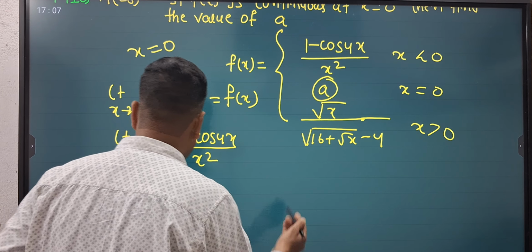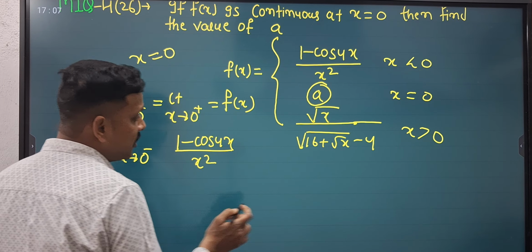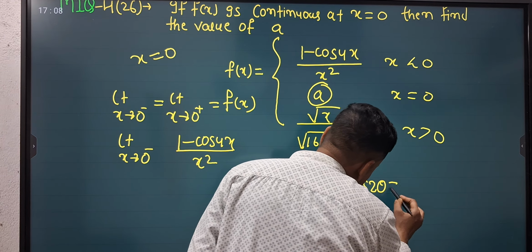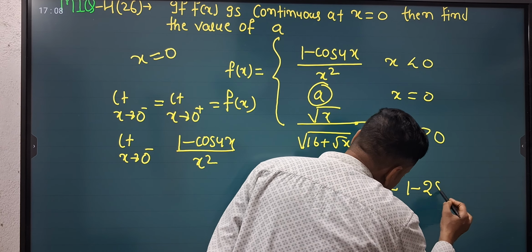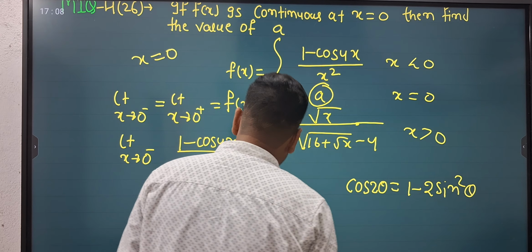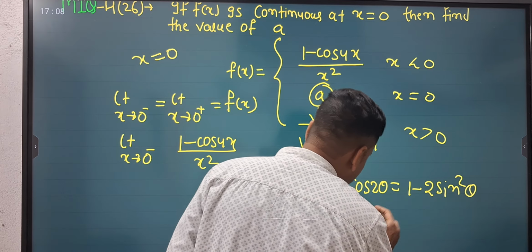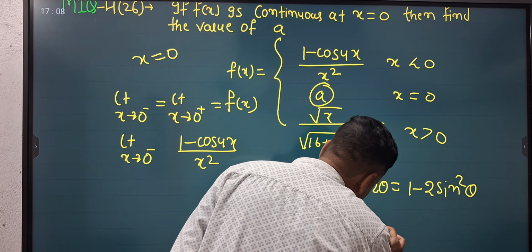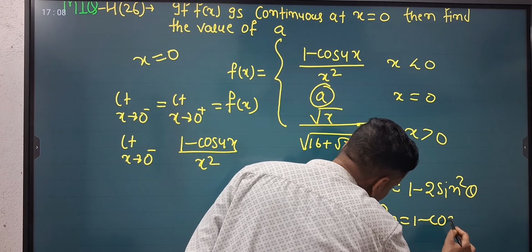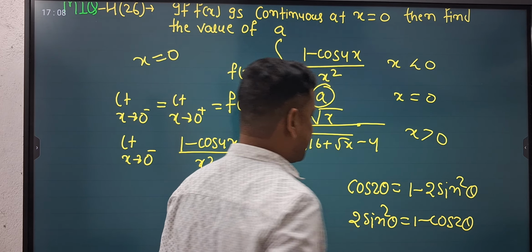and 0 by 0 form is not defined. So what do I have to do? You know one formula: cos 2 theta equals 1 minus 2 sine square theta. This sine square theta will come to this side, so you can write it as 2 sine square theta equals 1 minus cos 2 theta.